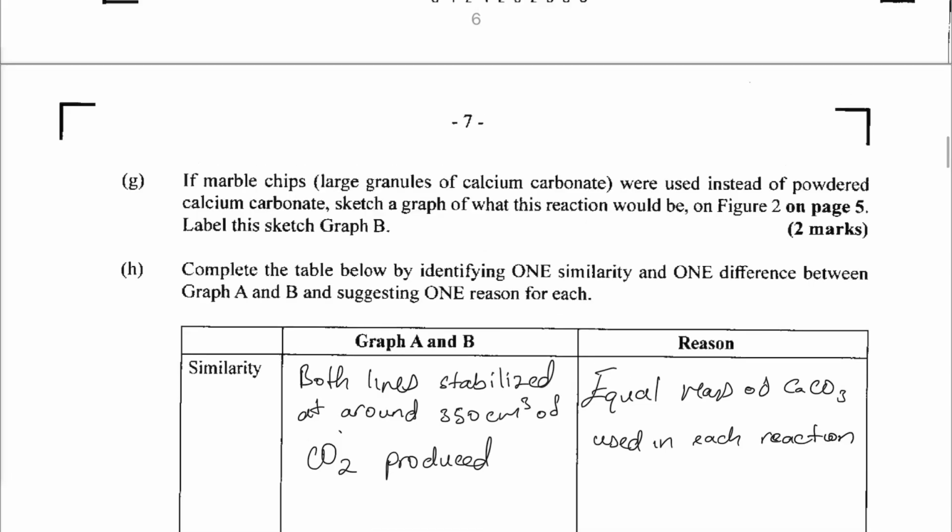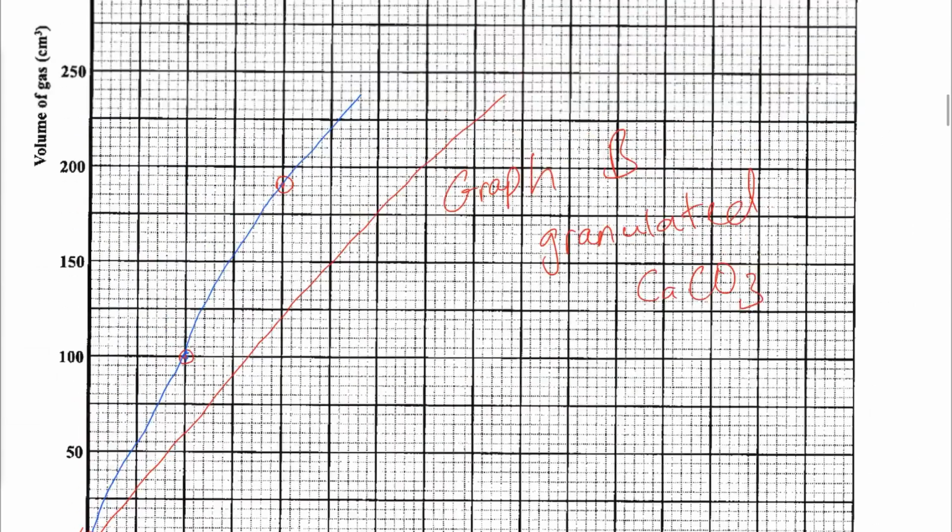Question G. Now, if marble chips, large granules of calcium carbonate, were used instead of powdered calcium carbonate, sketch a graph of what this reaction would be on figure 2 on page 5. And they're asking us to label this sketch graph B. Now remember, I had already put on graph B for us.